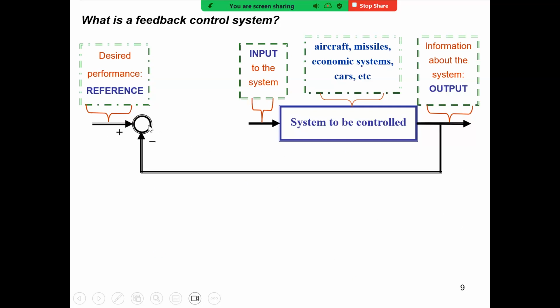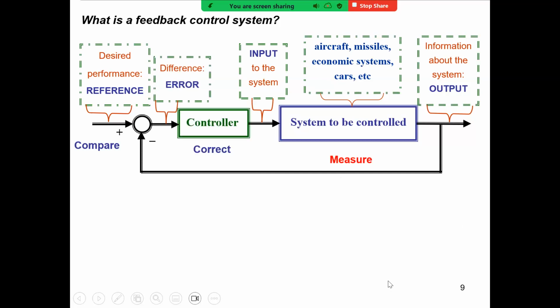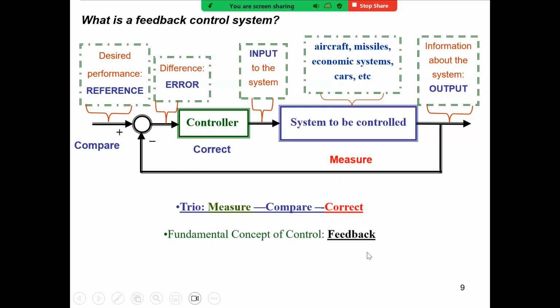You compare with the desired output, then there may be some error signal difference. The purpose of this controller is to try to minimize this error signal. So this is the feedback. You measure, you compare, and you correct. That is the fundamental concept of control theory.